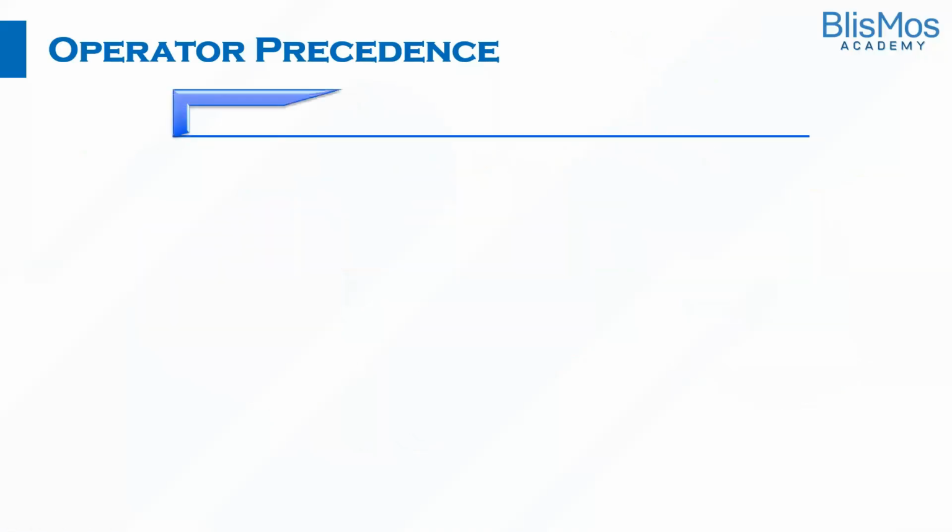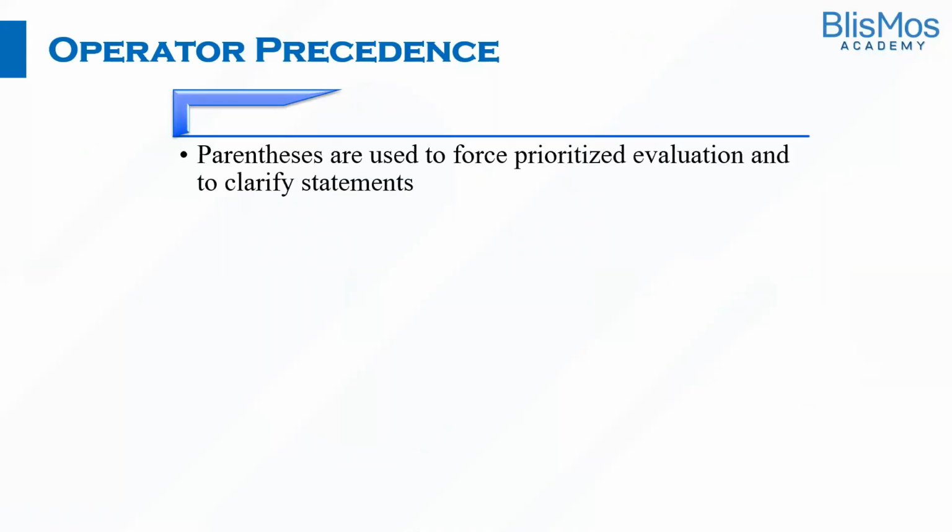What if you want to override the precedence? All you have to do is put a parenthesis where you want to override the operator precedence. Wherever we have a parenthesis, operations within the parenthesis are evaluated and performed first. That is also another very important aspect to be remembered.